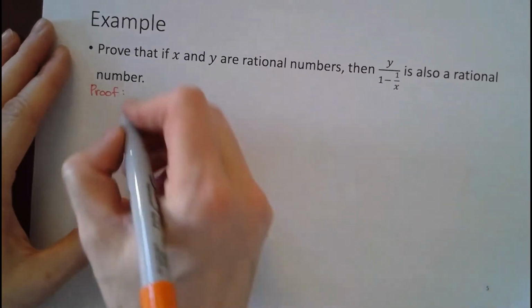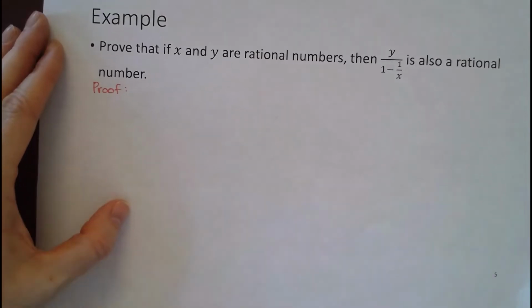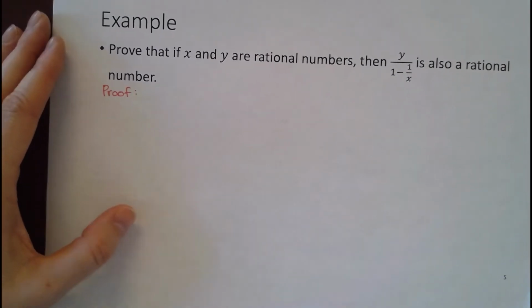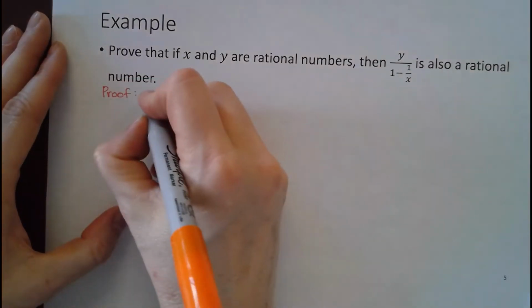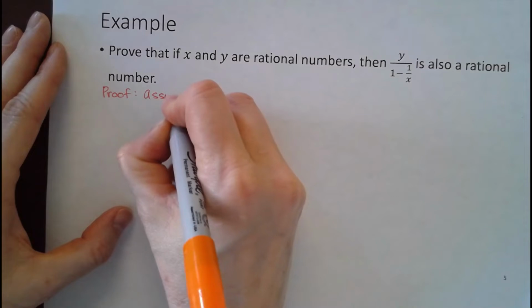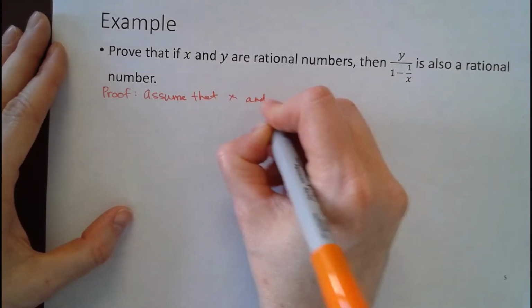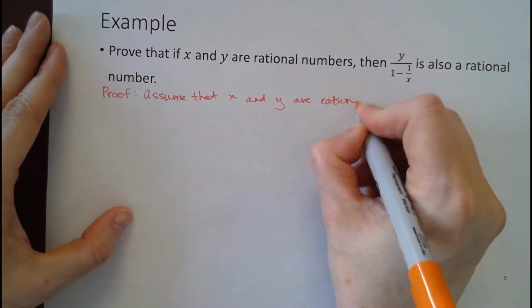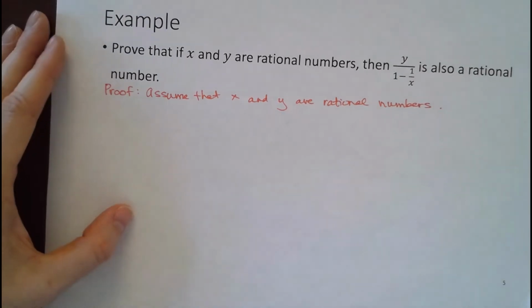All right. So, I'll see what you guys can remember. What is the first thing I should do in my direct proof? Good. Start with our assumptions. So assume that x and y are rational numbers. Okay.